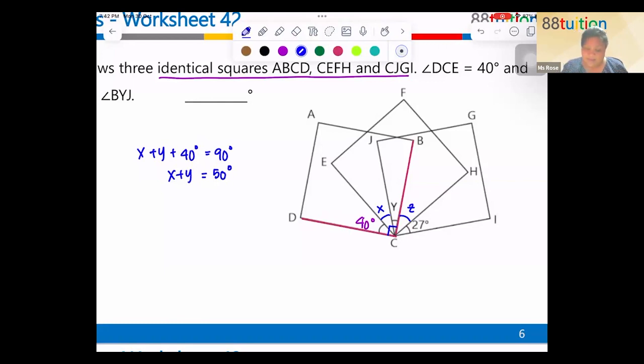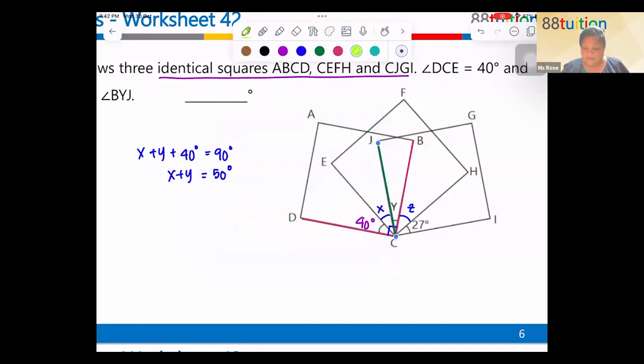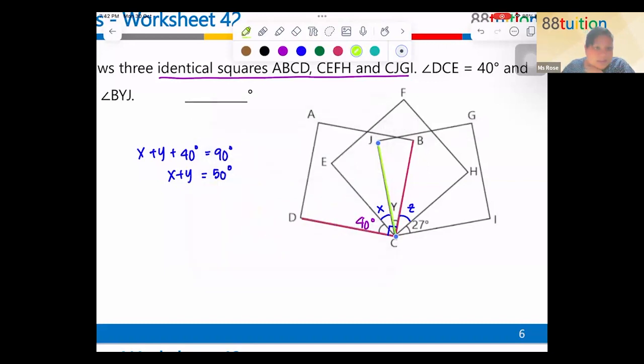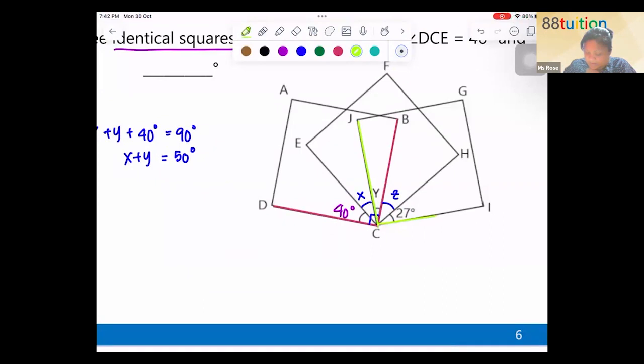Now, I'm going to highlight this line. Maybe it's not a good color. Do you all see this color instead? You can see? Okay, so can you see that this line here makes up the 90 degrees?